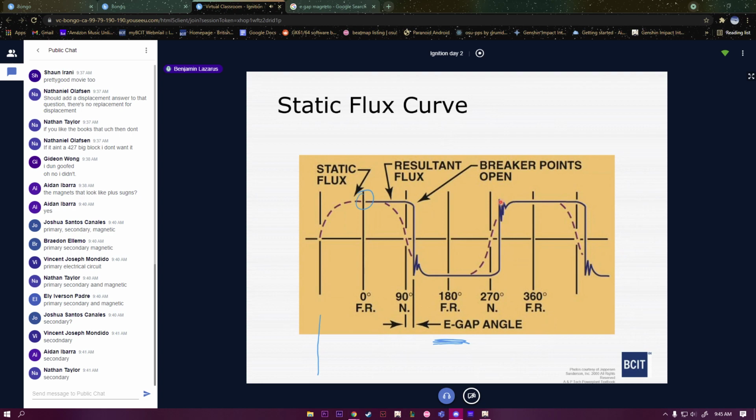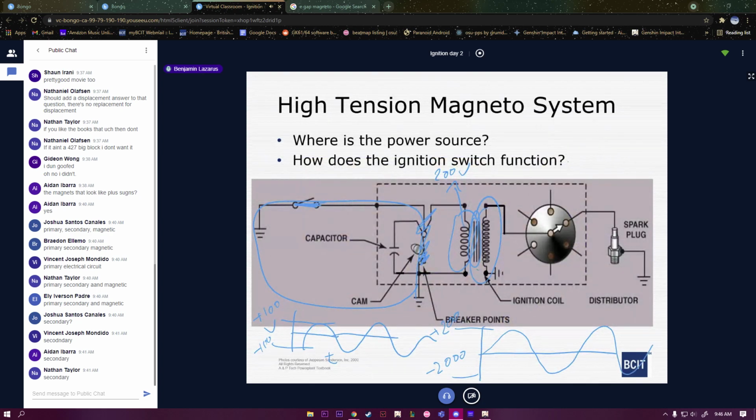So if we didn't have breaker points in the circuit, we're going to end up with that. We basically do that. Oops, I got to get back to my eraser. That's what closing my points does, or closing my ignition switch does.